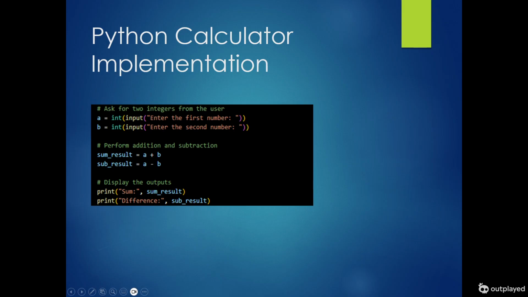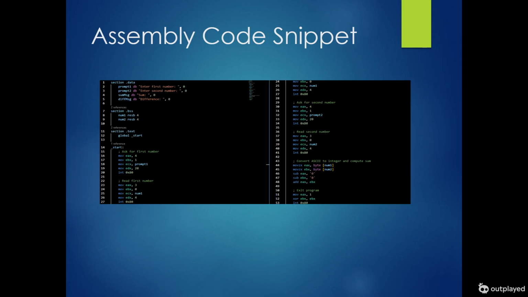Now moving on with the assembly code snippet. This assembly version performs the same addition and subtraction as the Python code, but with much more detailed steps. We need to define memory sections, handle user input manually through CPU registers like EAX and EBX, convert ASCII values to integers, and control system calls line by line.